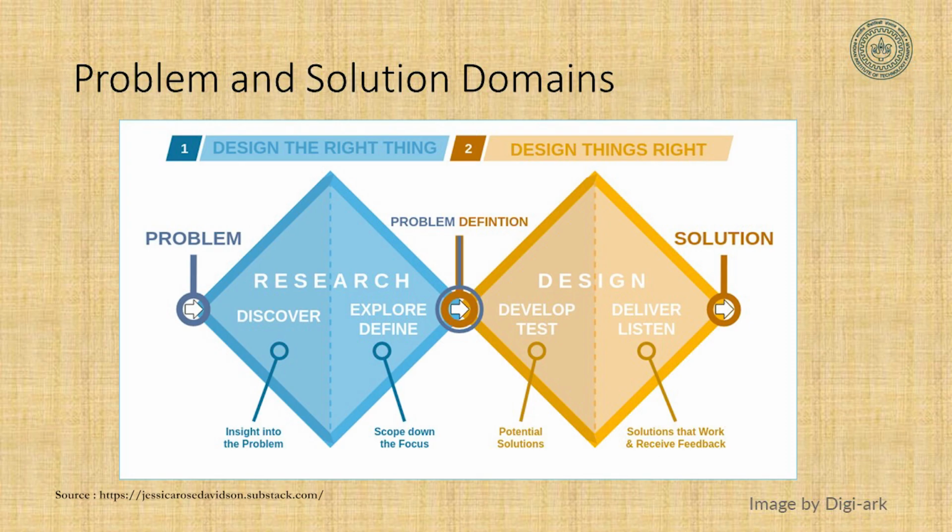We will use the output of the discover phase, where we have had some insight into the problem, and then use that insight to scope down the focus and come out with this problem definition. This was a diverging phase, where we were exploring a lot of ideas, but now we converge, we come down, and we create this problem definition.